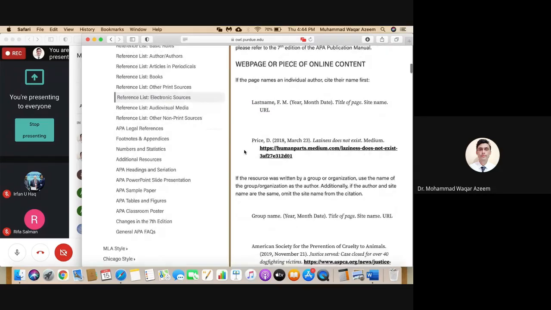Now, see the real life example. So this could be the author's name, Price, comma, D period. This is the year of publication. This is the month of publication. This is the date of publication, right? There has to be a comma after year, no comma after March, a period, and then title of that particular page, right?